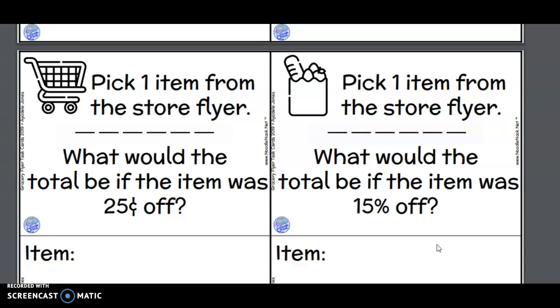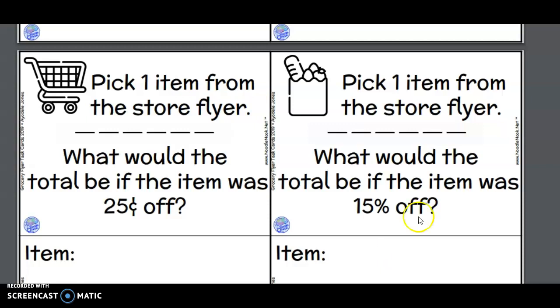So it would be 59 or 60 cents off that item. So now that you know that, you're going to put $3.99 minus 0.59, and that will be how much the butter will cost you after 15% off.